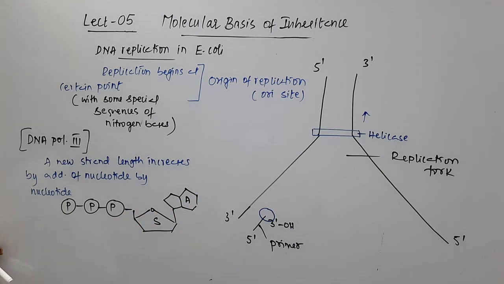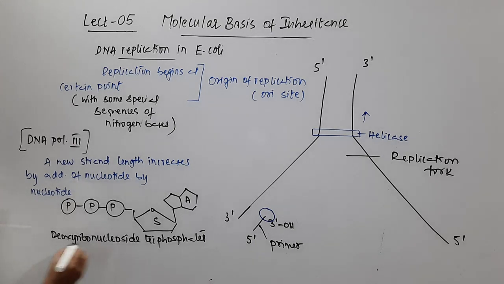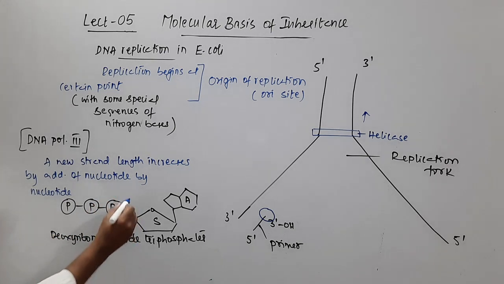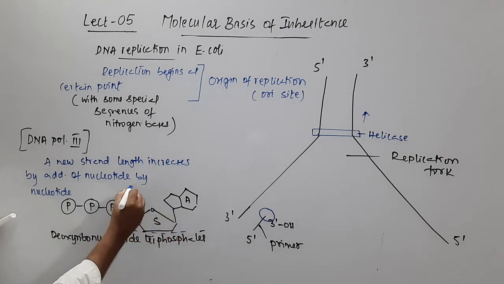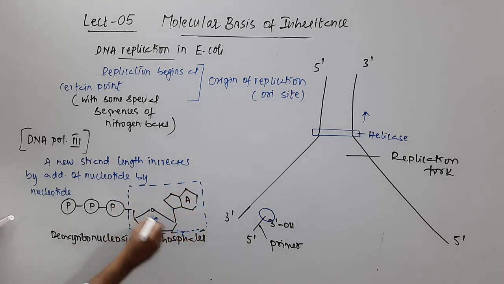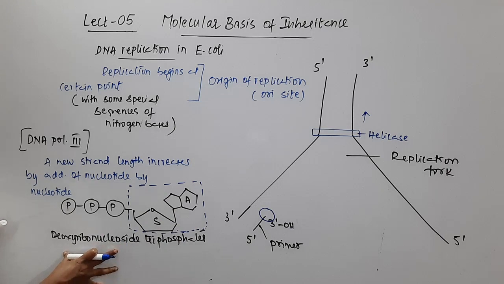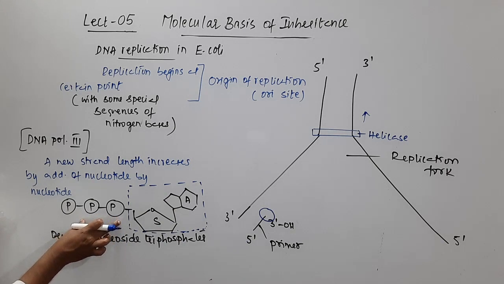Now these are called deoxyribonucleoside triphosphates. We know that this part is the pentose sugar, and the nitrogen base, this part will be the deoxyribonucleoside. And these are three phosphates, the triphosphates.